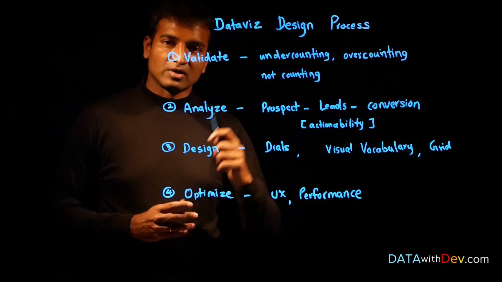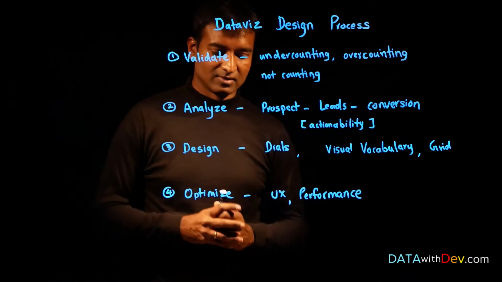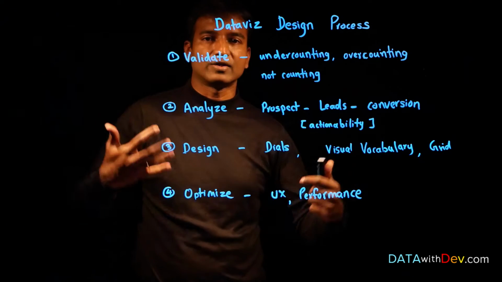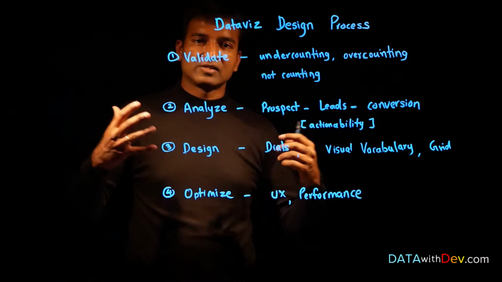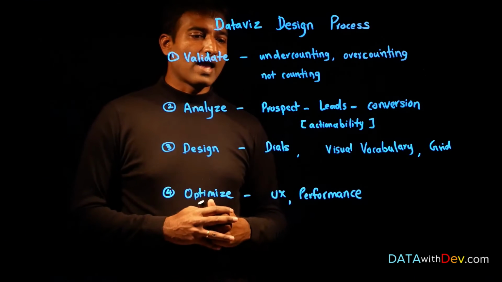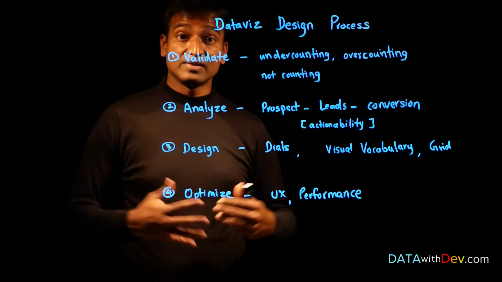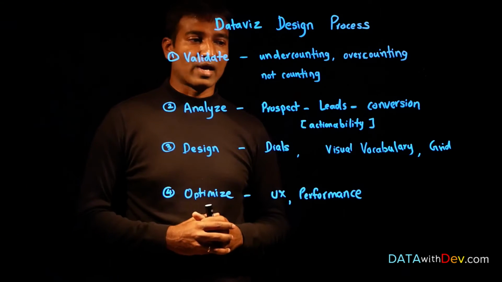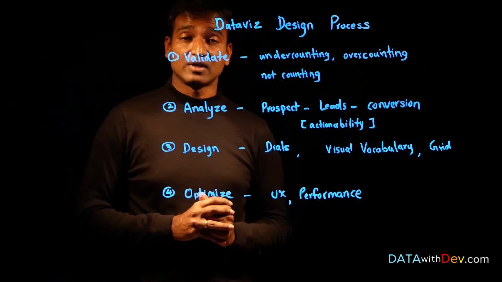The second step of the dashboard design process is analysis. And by analysis I mean providing more contextual information. Let me explain by giving you an example. Let's say we have a small company and they are looking to grow their business. So what's most important in that kind of environment? You need to be able to track your sales process. And what comes in the sales process?